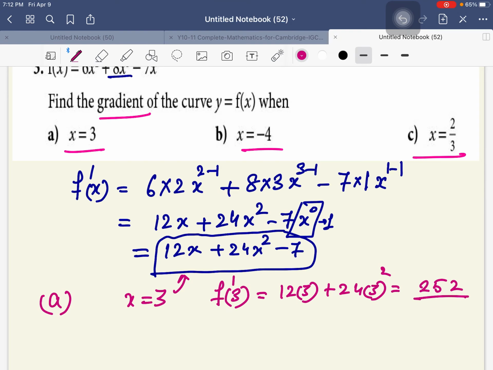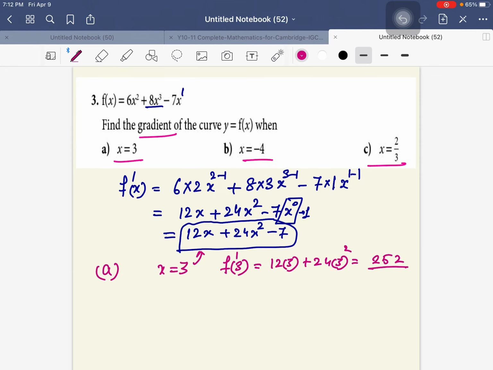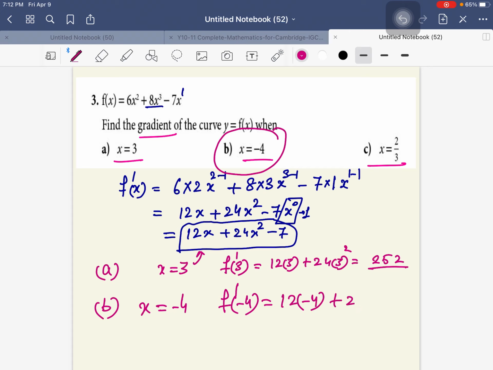B part. So in the B part, we'll find the gradient of the curve at point x equal to minus 4. We write x equal to minus 4. That means f'(-4) will be 12 times minus 4 plus 24 times minus 4 squared minus 7. Oh, I made a mistake, sorry.